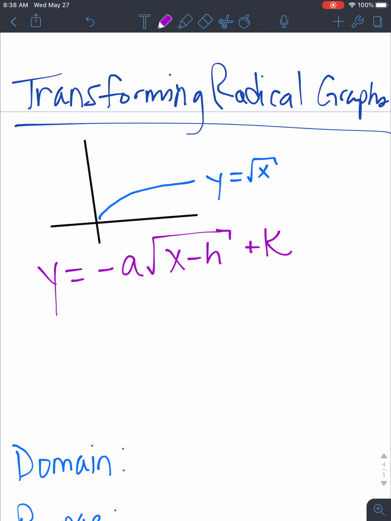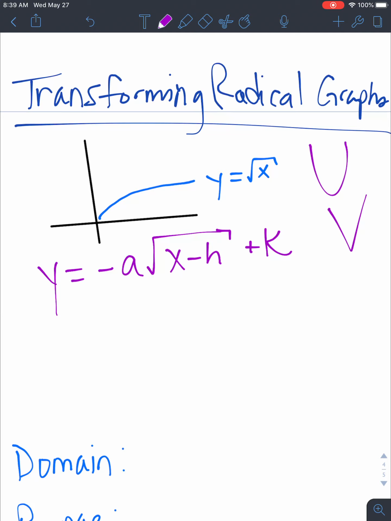And we learned how to transform graphs when we were working with an x squared or an absolute value of x back in the first trimester, or trimester A, I should say. And we learned that a quadratic or an absolute value can be treated as a parent function which can be manipulated. Well, square root functions or radical functions can do the exact same.